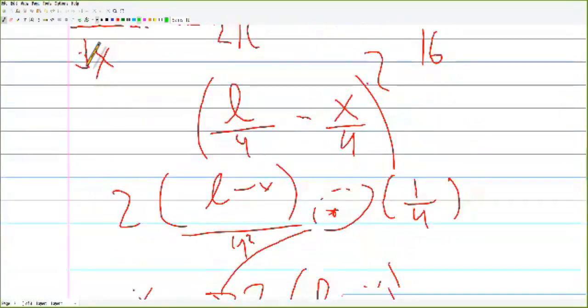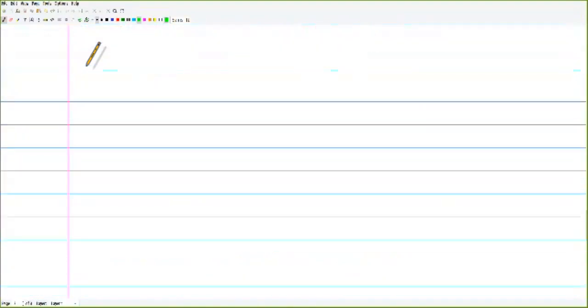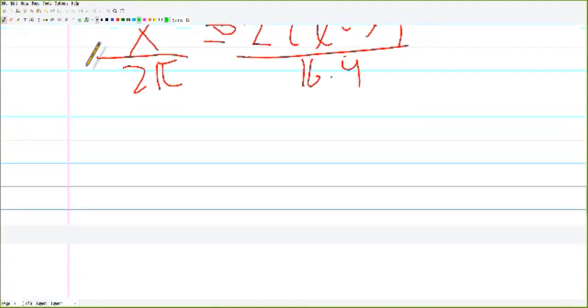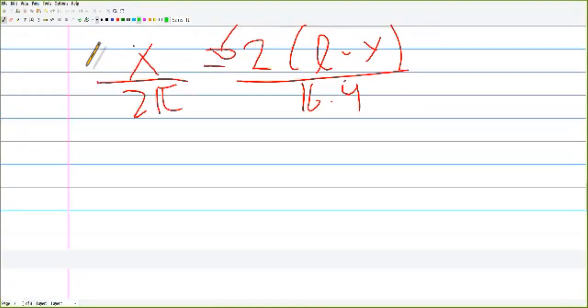So now we equal everything to 0. So we have x over here and x over there.